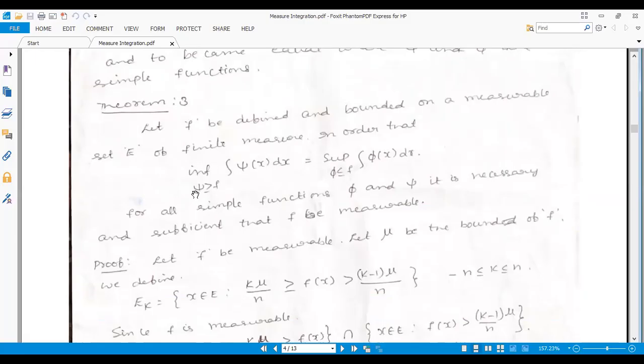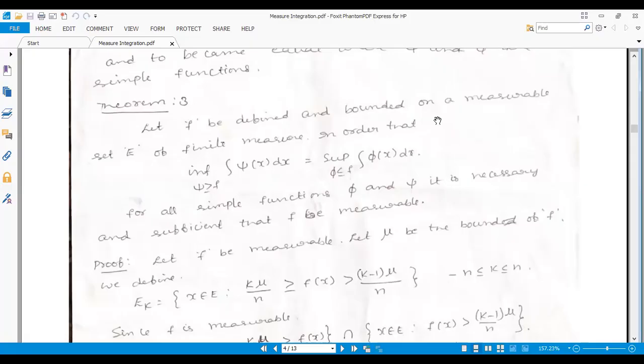In order that the infimum of the integral of psi(x) dx is equal to the supremum of the integral of phi(x) dx, where psi is greater than or equal to f and phi is less than or equal to f, and these are equal for all simple functions phi and psi, it is necessary and sufficient that f must be measurable.